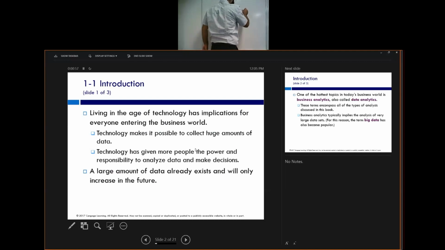We got descriptive, we have predictive, and we have prescriptive. Do you guys remember the definition of descriptive analytics?